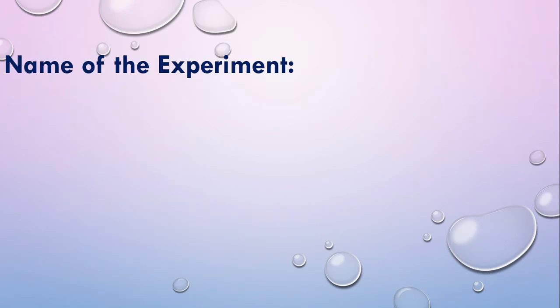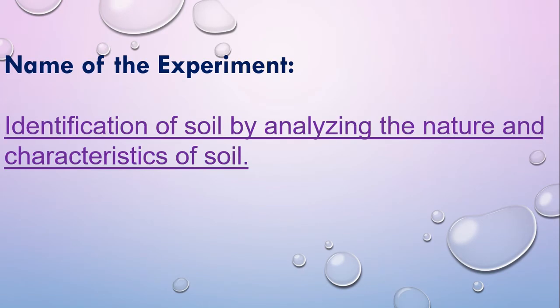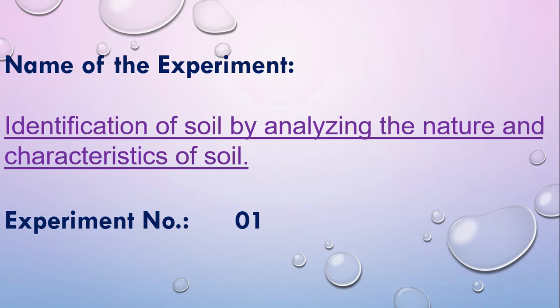Name of the experiment: identification of soil by analyzing the nature and characteristics of soil. This is the first experiment of your class. First of all, we have to write down and understand the principle of this experiment.